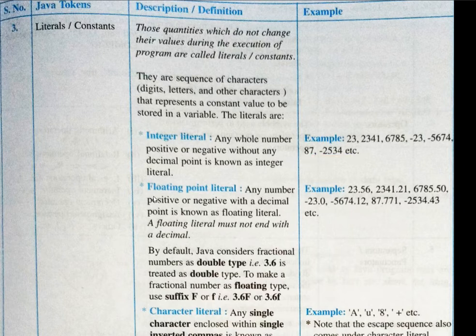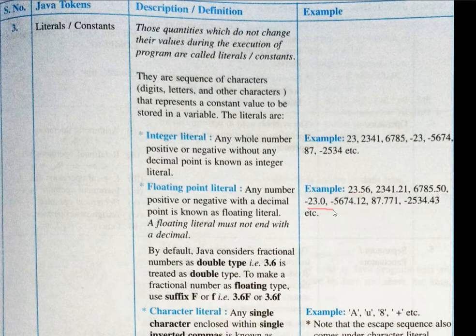The next kind of literal is the floating point literal. Any number, positive or negative, with a decimal point is known as a floating literal. A floating literal must not end with a decimal. So all these are examples of floating literals, meaning it should have a decimal point.